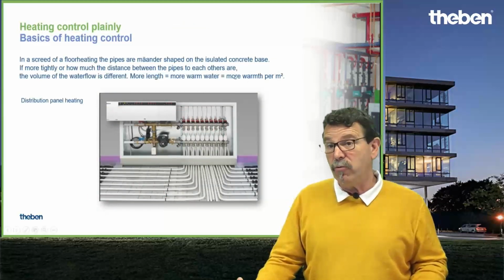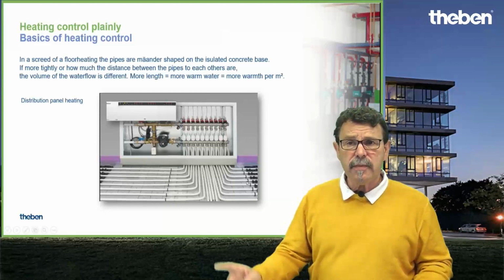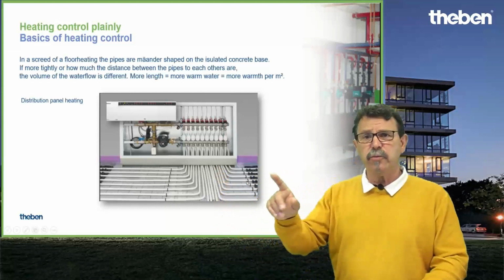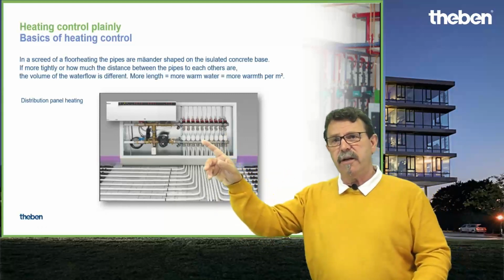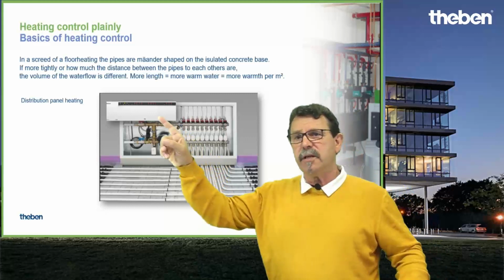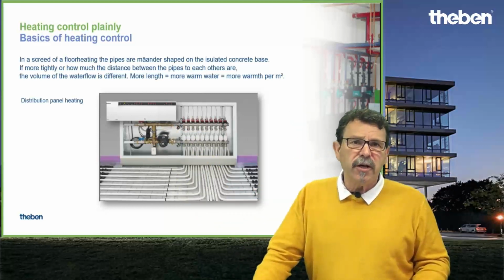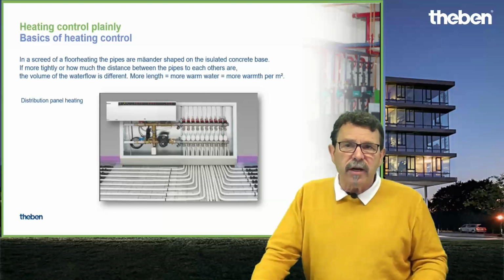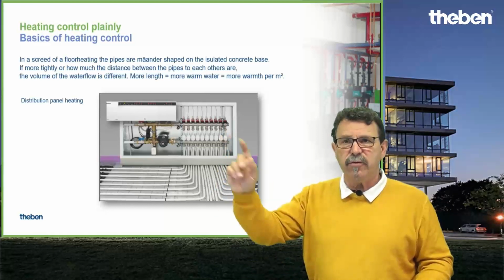That's how it can look like in reality. So these pipes here are going to the rooms and back from the rooms. Here are the thermal valves finally. And in this example, we have our underfloor actuator, which allows to set per channel 3 of these Theben valves, for instance.